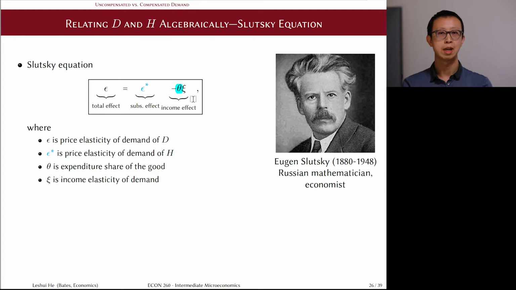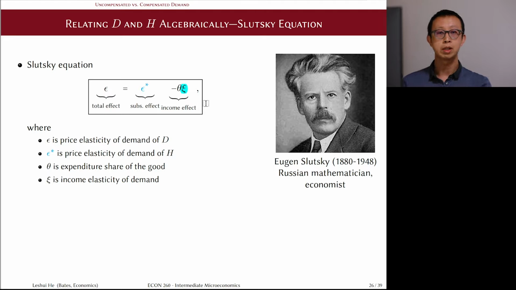So if a good has a bigger theta, then each percentage increase in its price will have a bigger impact on the effective income. On the other hand, if the demand of a good is more sensitive to changes in income, as measured by xi here, or xi is bigger, then the income effect will also be more significant.